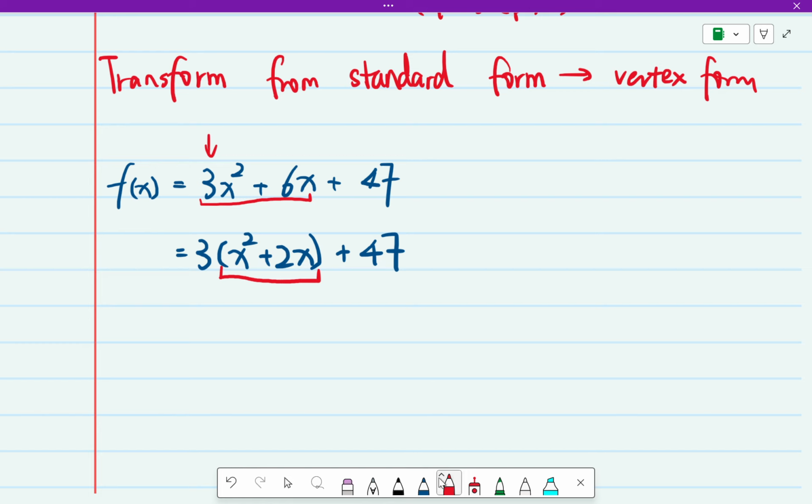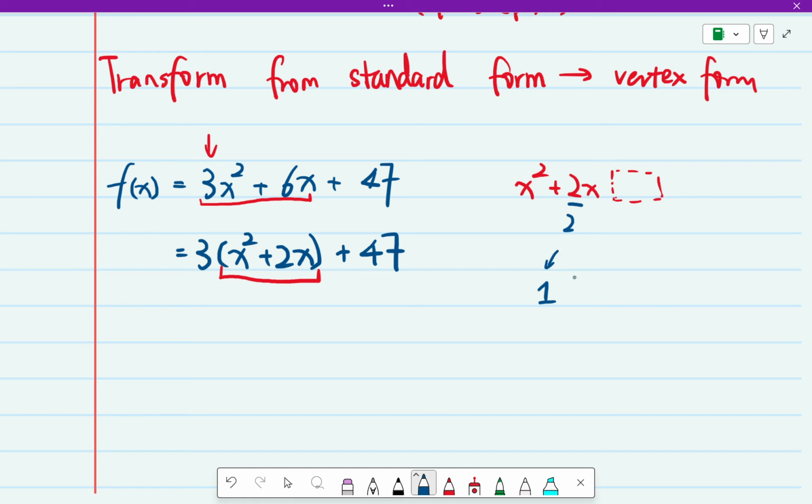We can see that in this x squared plus 2x, we are missing a constant to make it a perfect square trinomial. So what would this constant be? We actually have an algebraic and very straightforward way to find it. We first take this 2 and divide by 2, so we get 1.